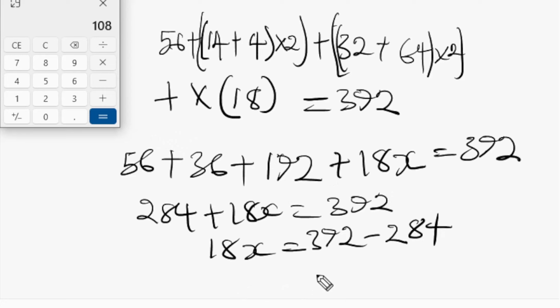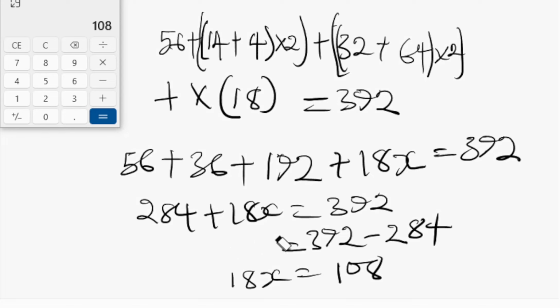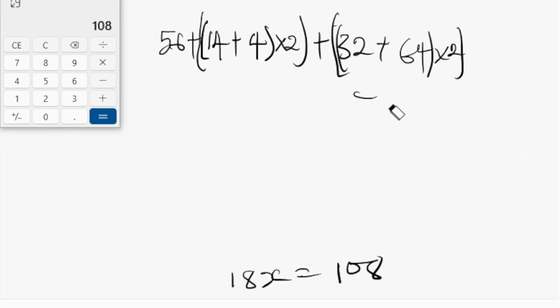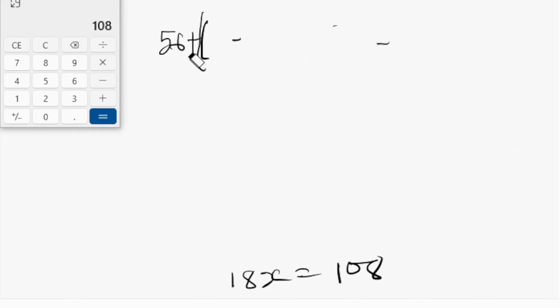So 18x is 108. Let's go ahead and wipe this top part so we can finish up over here. So now that we've gotten to this point, we want to divide by the coefficient of x here, which is 18.